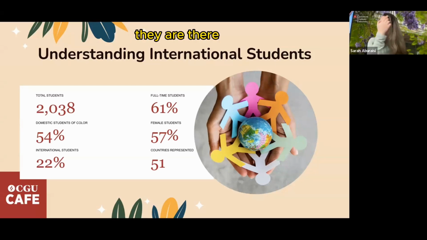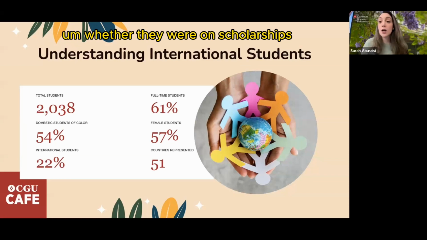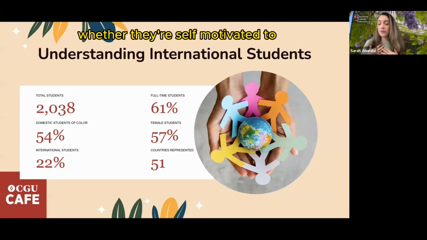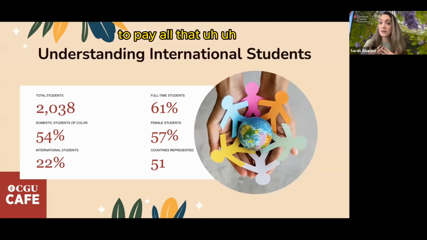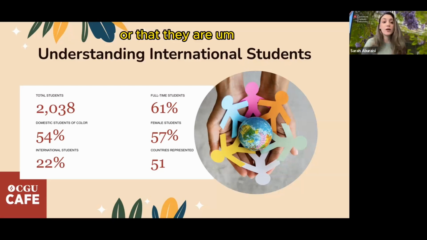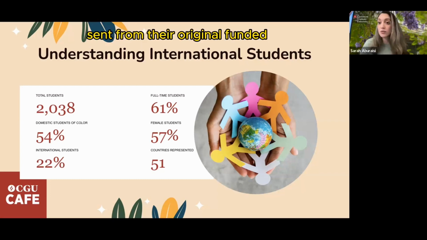They are here whether they were on scholarships from their home countries, or self-motivated to pay all that tuition to pursue science and be scholars in our university, or sent by their employers back home on funded work-study.